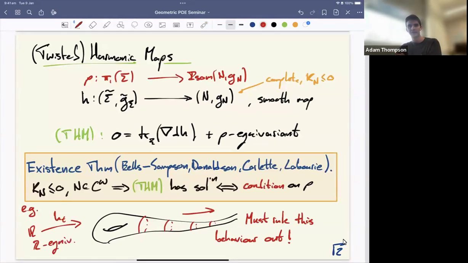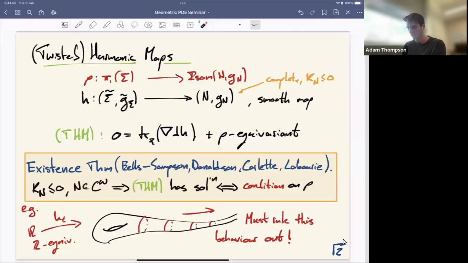Because the image no longer has to be compact, essentially what this condition on rho is trying to do is rule out that, as I evolve this H to try to get my harmonic map, it just goes off to infinity and disappears.